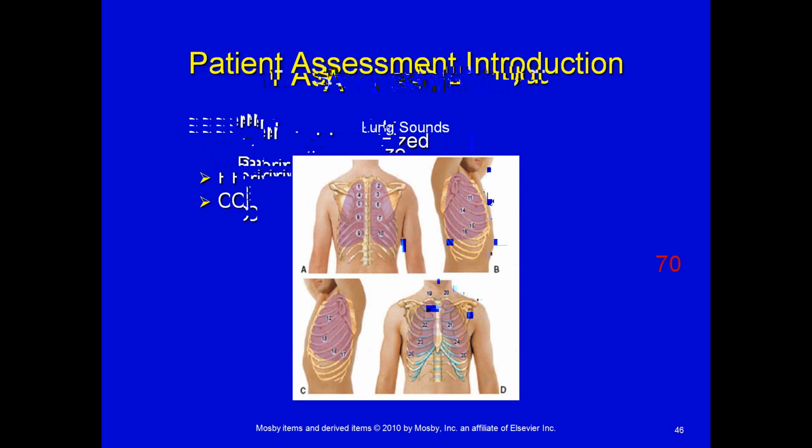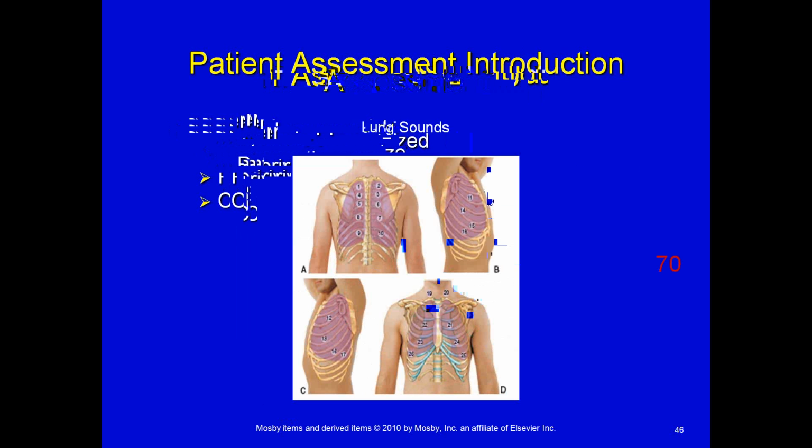Listening to lung sounds. Here at this point in the comprehensive patient assessment, where we've already ruled out our life threats, we're going to want to listen to lung sounds in a variety of different places across the chest and back. I think it's important to get a good idea of what their lungs truly sound like, so we have them take deep breaths in and out with their mouth open. In doing so, they have a tendency to move more air, and in moving more air, their sounds are more pronounced.